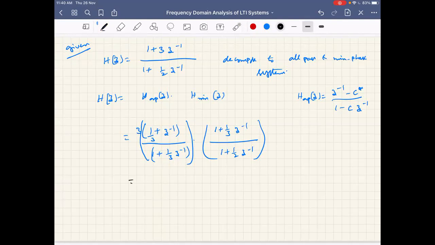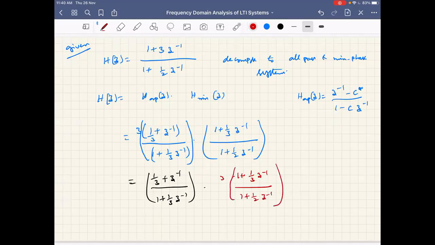I will write now separately, into the second term, which is minimum phase.